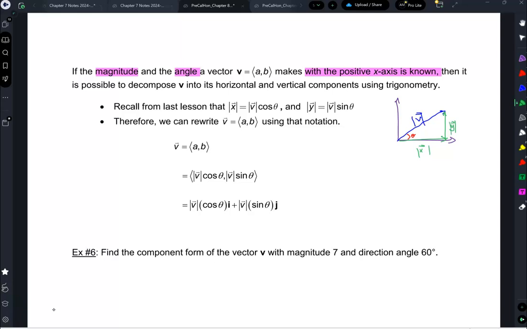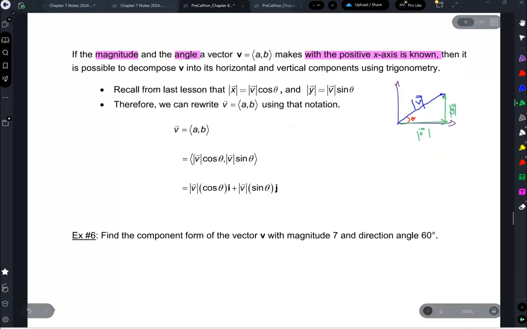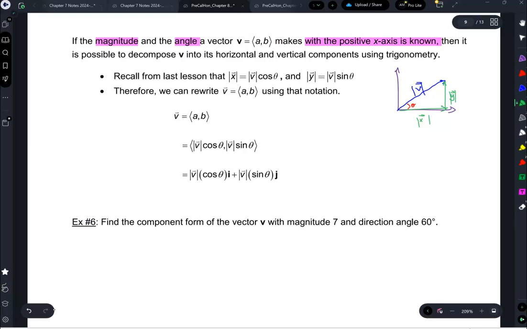The way we did that in the previous lesson is, for the x component, it was always v cosine theta, and for the y component, it was always v sine theta. Another way to write that is v cosine theta i plus v sine theta j, okay?